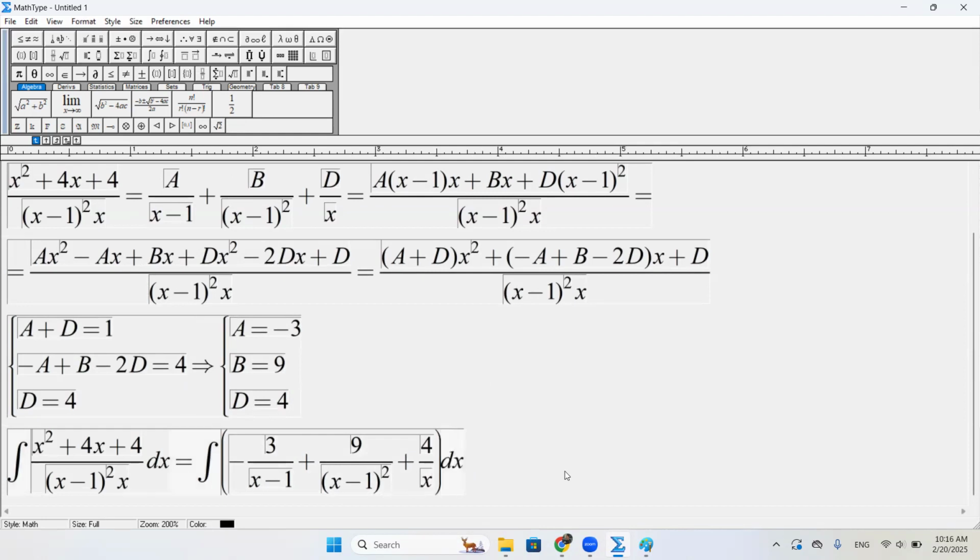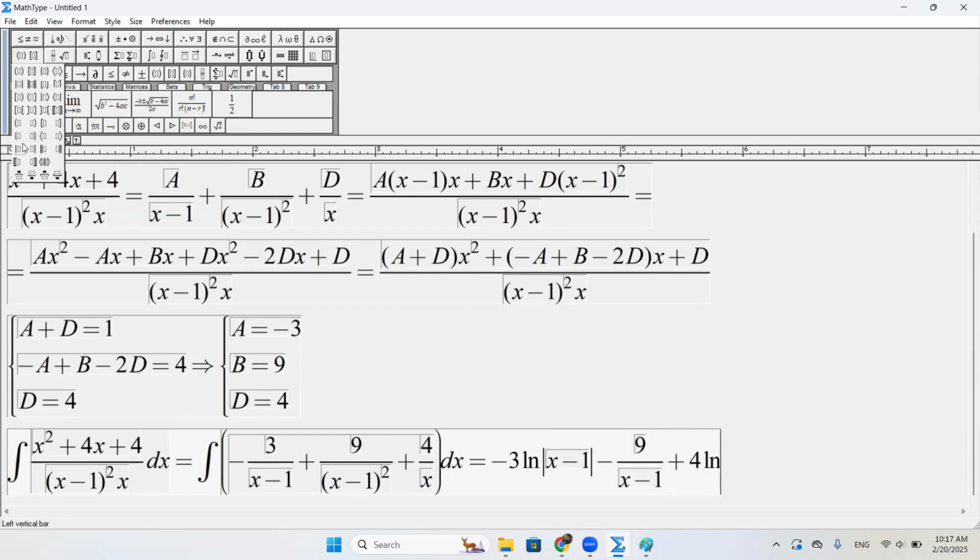Now calculating these integrals. The first one gives minus 3 logarithm of modulus x minus 1, minus 9 divided by x minus 1, because we divide by minus 1 from the power, plus 4 logarithm of modulus x, plus c. Any questions about this task?